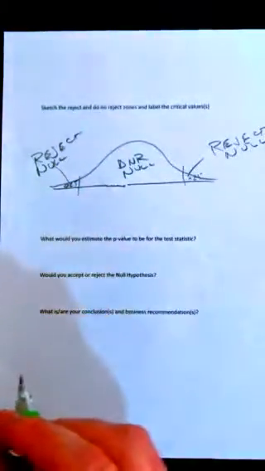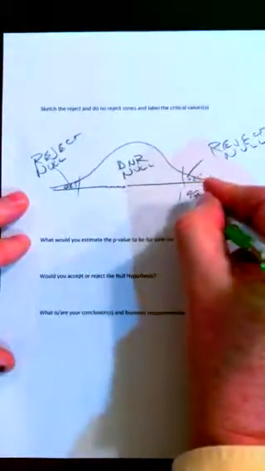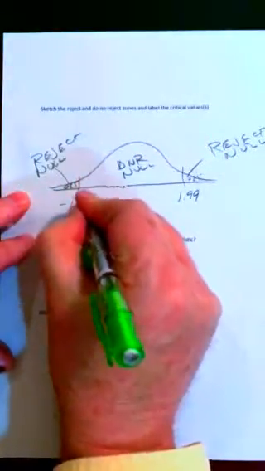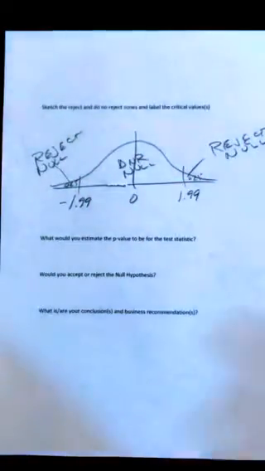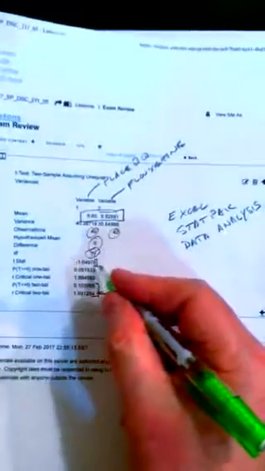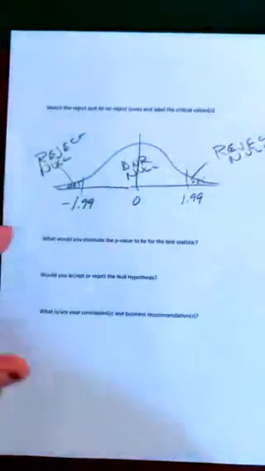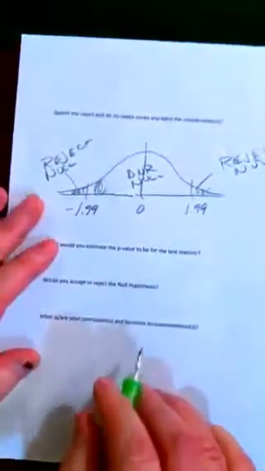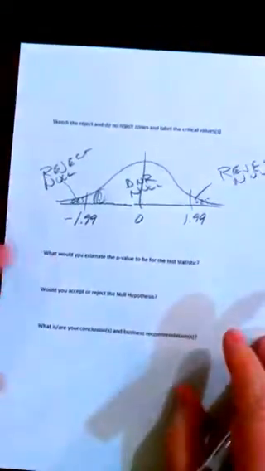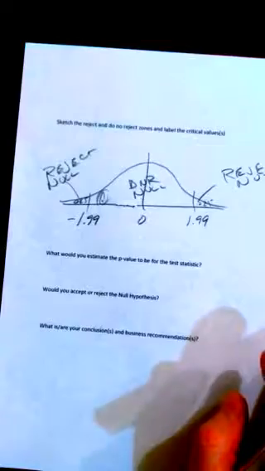All right, and you have your critical value, 1.99 on the upper tail, minus 1.99 on the lower tail. You're testing to figure out whether these are 0 or not, just like we did here, the hypothesized mean difference. And your test statistic is still minus 1.65. So you come in here, you go minus 1.65, you're falling down in this area, and that's in the do not reject the null hypothesis.